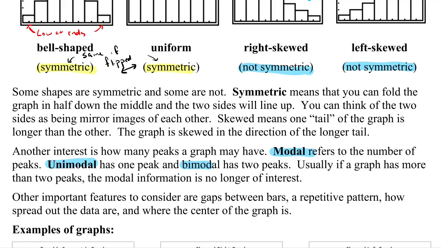We could have a trimodal distribution, but typically if we have more than two peaks, either that's actually not interesting information or there's something weird going on with the underlying data set. So really, unimodal and bimodal are the things that we're actually going to concern ourselves with, and that only a little.